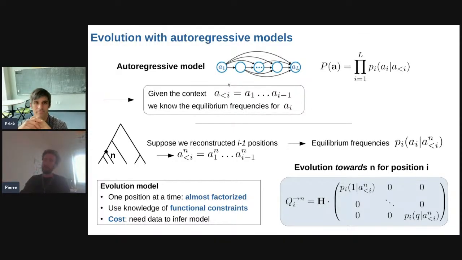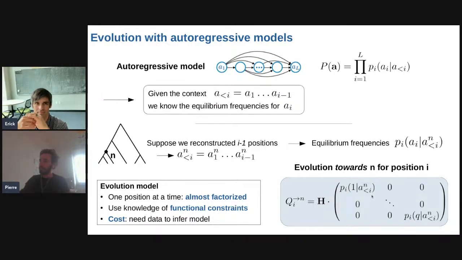Here, what I do is I do it for the first column of the alignment, and then I infer what the ancestral amino acid should be for the first column at every internal node.